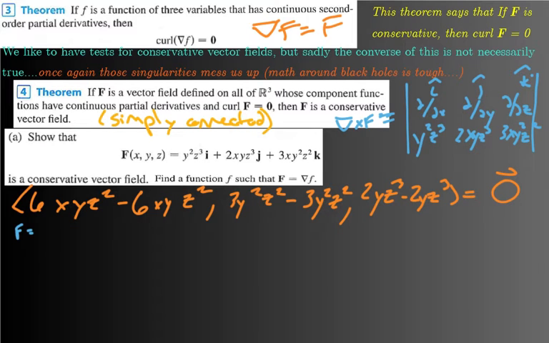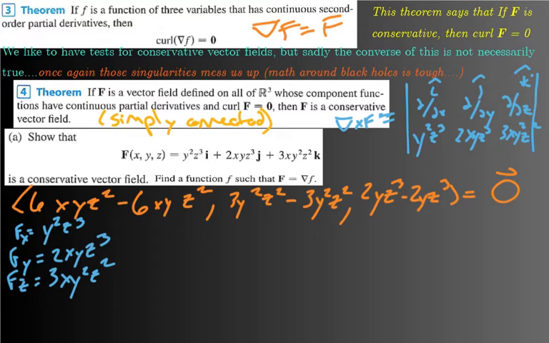We need f with respect to x to equal y squared z cubed. Then we need f with respect to y to be 2xyz cubed. And then f with respect to z needs to equal 3xy squared z squared.